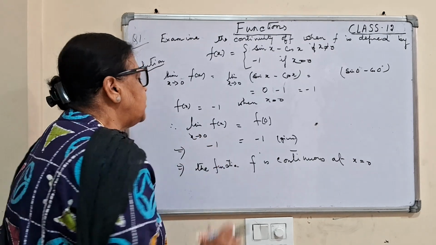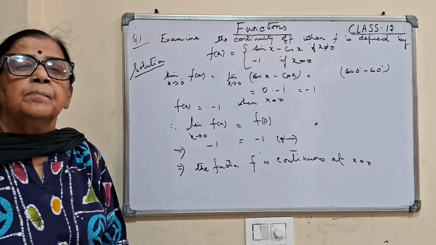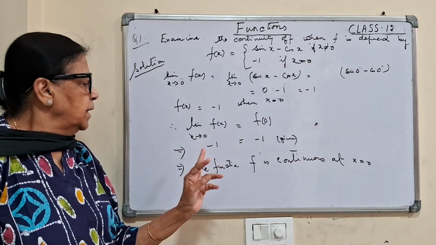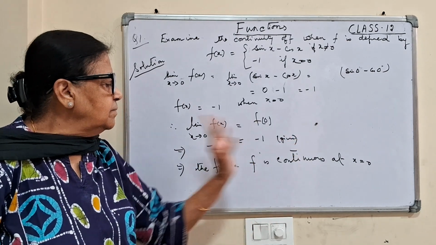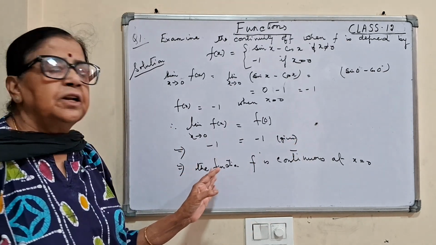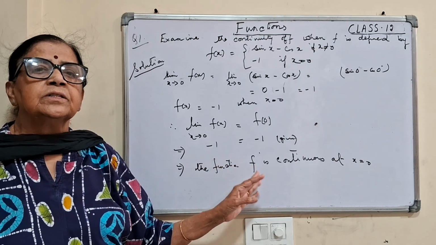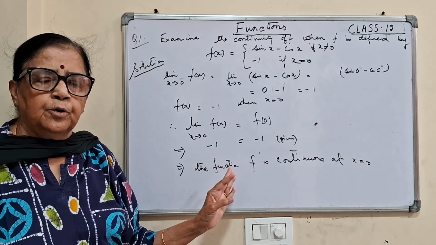Therefore, the limit of f(x) is equal to f(0), that is minus 1 is equal to minus 1. This is given. Therefore, the function f is continuous at x is equal to 0.